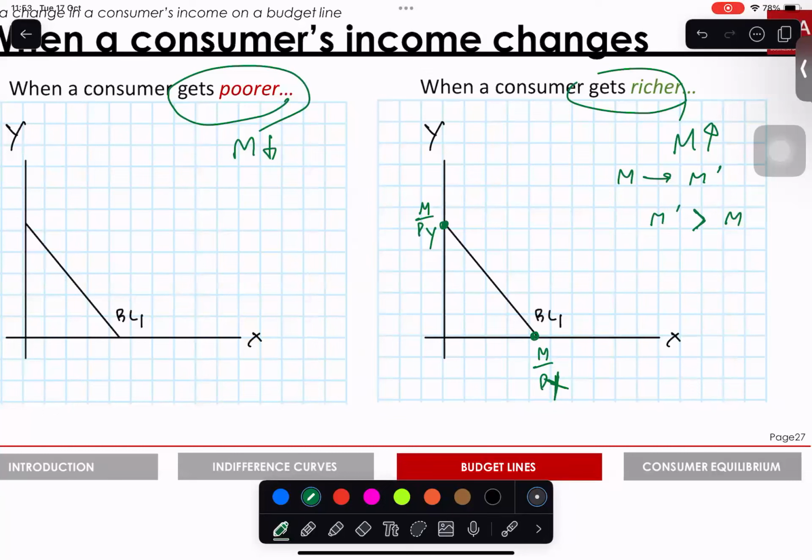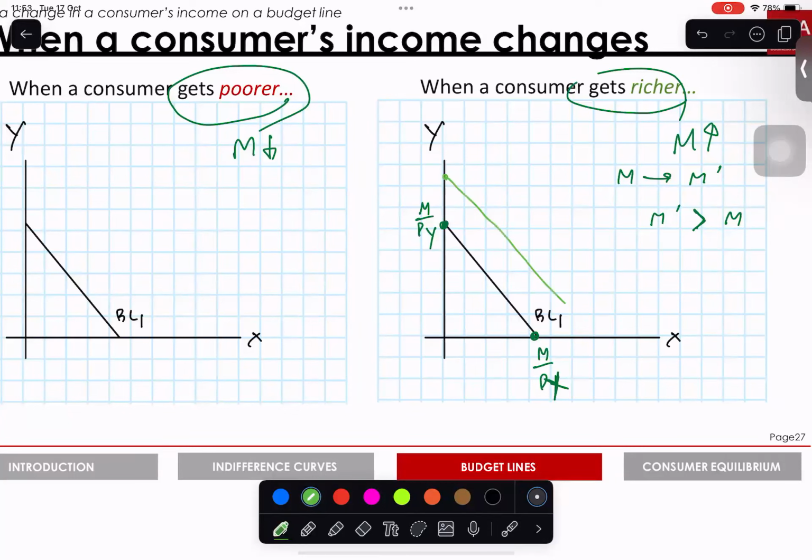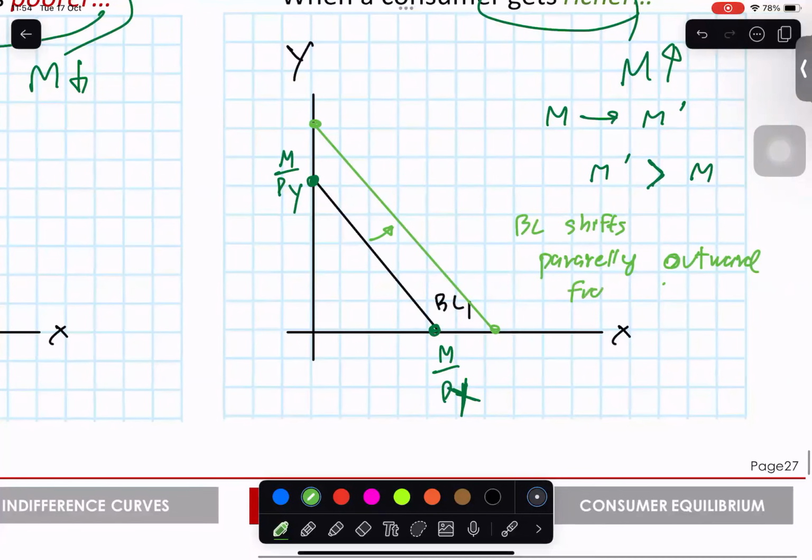Surely the budget line will shift parallelly outward, from BL1 to BL2.